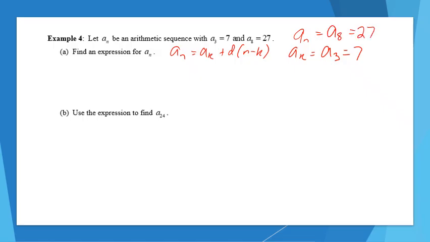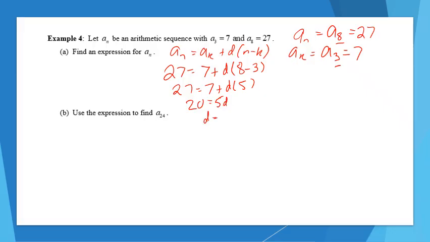So plugging in everything, you should get 27 equals 7 plus d, which we don't know yet, times n minus k, where n is 8 and k is 3. So 8 minus 3. This is 27 equals 7 plus d times 5. 20 equals 5 times d. d equals 4. So now we know our common difference.